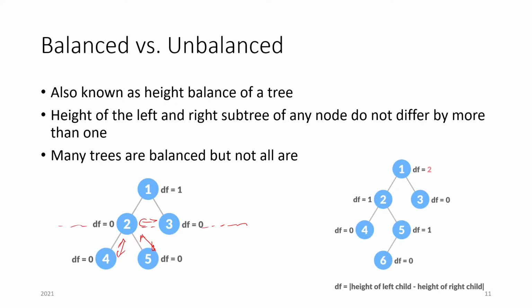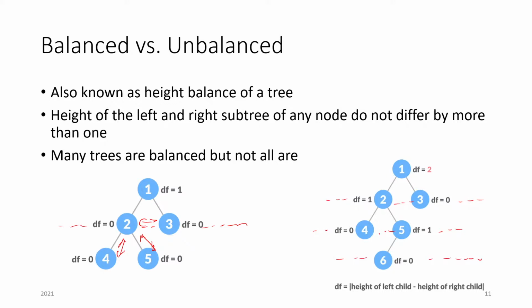However, when we go to our unbalanced tree, we're going to be watching our left and right subtree here, here, and here. If we're on the same level, there's no difference.